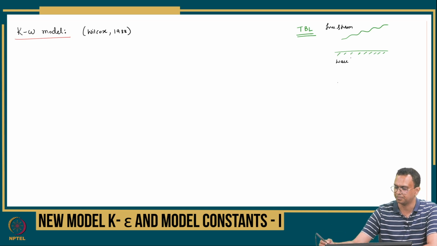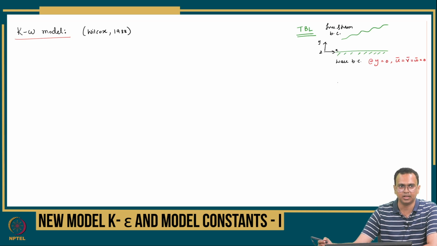Let's say this is the y direction, this is x, and out of plane is z. At y equal to 0, that is the wall, your u bar, v bar, w bar go to 0.